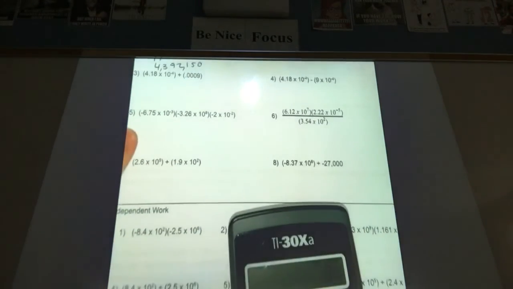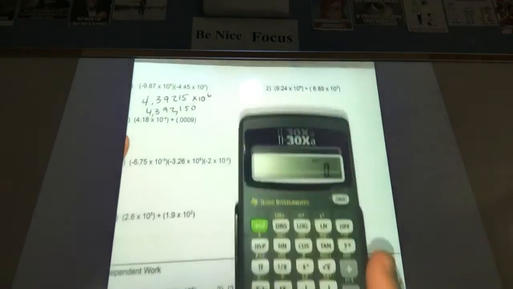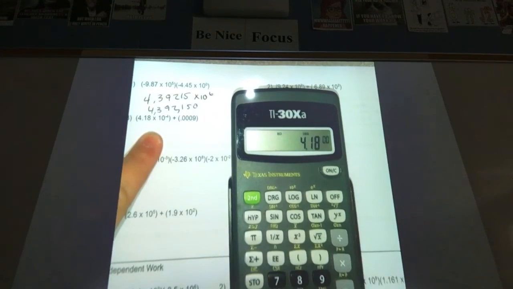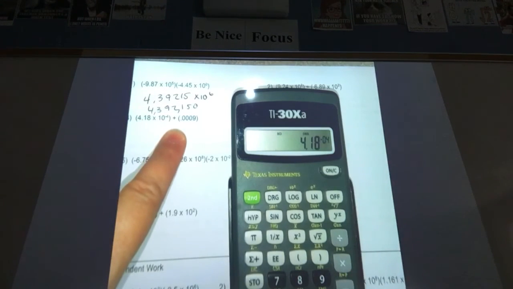Hey, let's do an addition one. We haven't done an addition one yet. Let's do this one. So we have, let's put it in scientific notation. And then we go ahead and we have 4.18 negative 4, plus, now this, can we just do it?